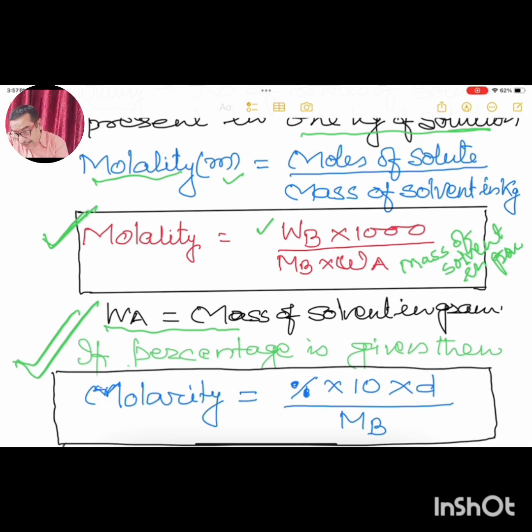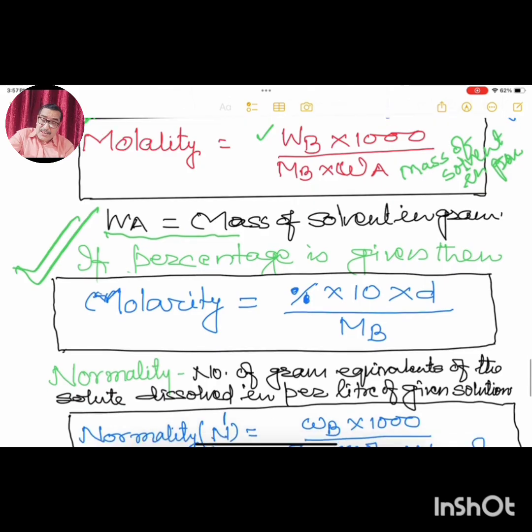But one very interesting part is there. If the percentage is given, then you can easily calculate molarity by using this formula. For example, one question is: calculate the molarity and molality of 15% sulfuric acid. The density is given as 1.10 gram per centimeter cube.